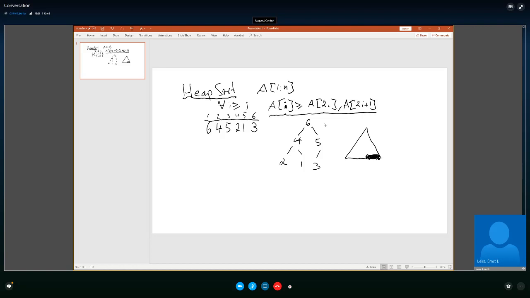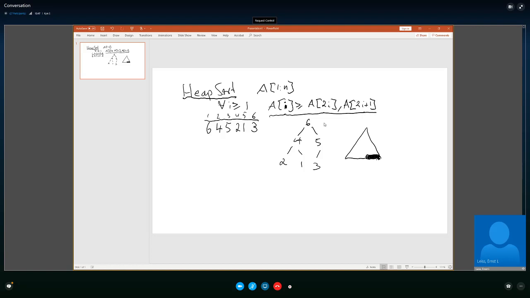Well, it is surprisingly little that we can derive, because if you look at this tree, if you look at this heap, it is a heap. We verified that, but it obviously isn't sorted. 6, 4, 5, 2, 1, 3, there is nothing that is possibly sorted. And the same thing holds for this.